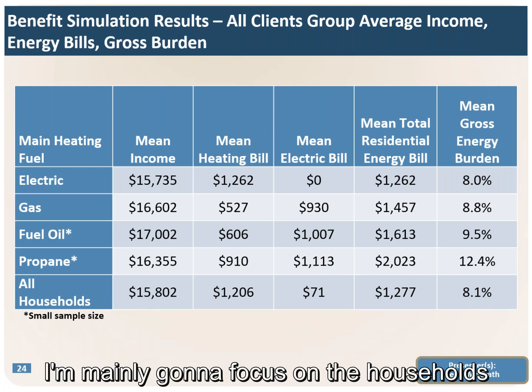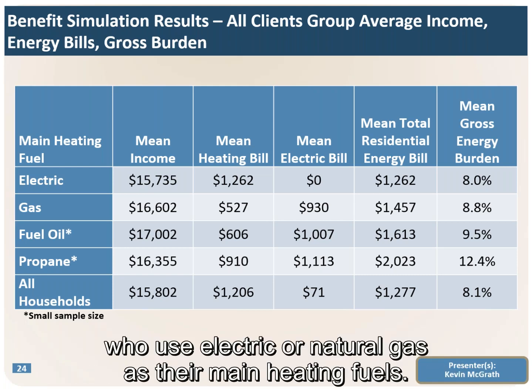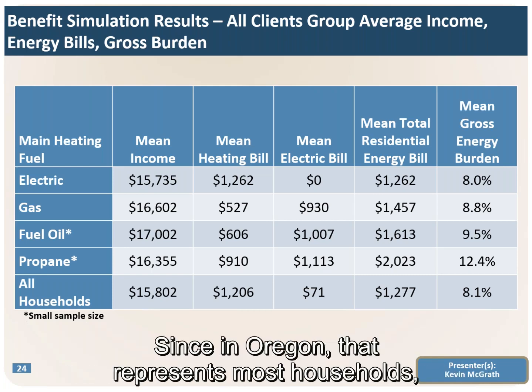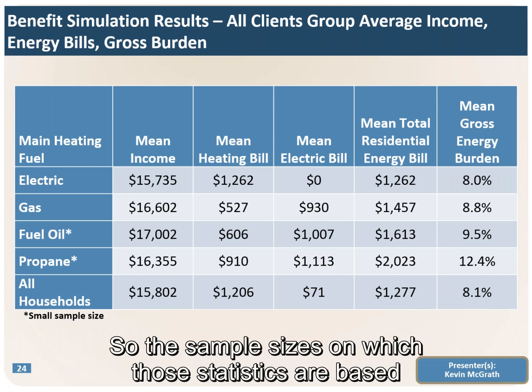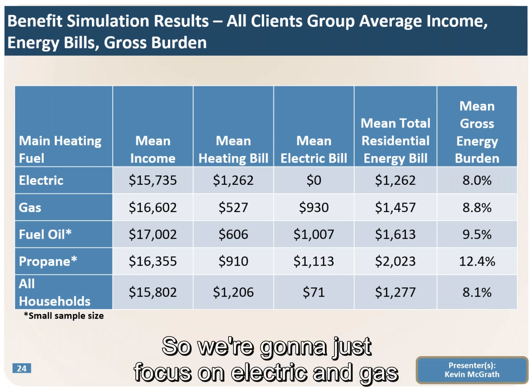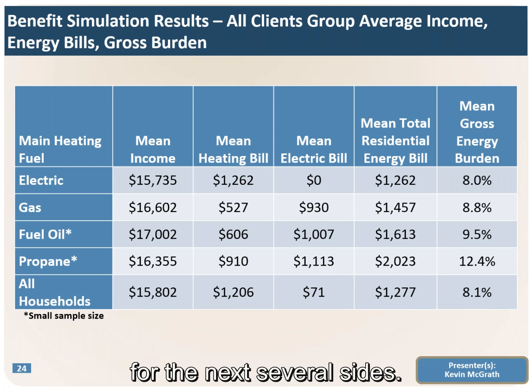I'm mainly going to focus on the households who use electric or natural gas as their main heating fuel, since in Oregon that represents most households. Relatively few clients use fuel oil or propane, so the sample sizes on which those statistics are based are fairly small. So we're going to just focus on electric and gas for the next several slides.